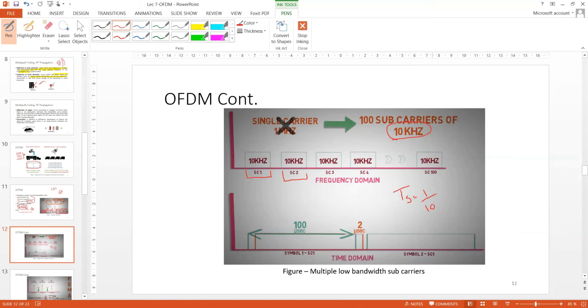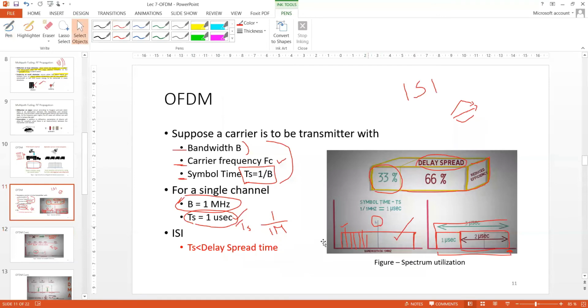If you solve it, you get approximately 100 microseconds. So you get a symbol duration of 100 microseconds in contrast to a symbol duration of 1 microsecond for a channel bandwidth of 1 megahertz.